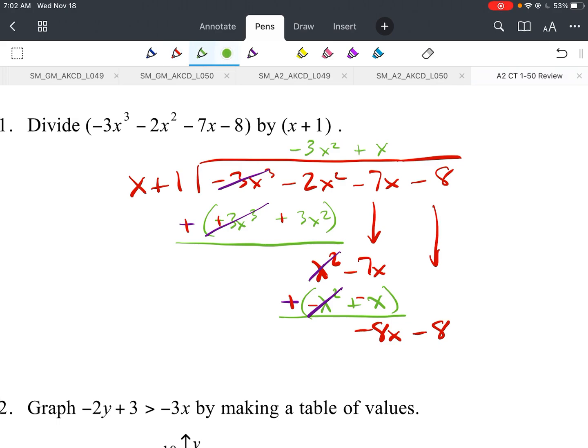We'll just multiply x times negative 8, and if I do that, this is negative 8x and negative 8. If I subtract it, because these are identical, you get 0. Okay, so you could SMATO and do all that stuff, but you get 0. In other words, there's 0 remainder, so it divides evenly. And this is your solution right here at the top.